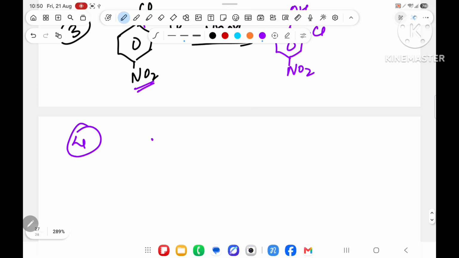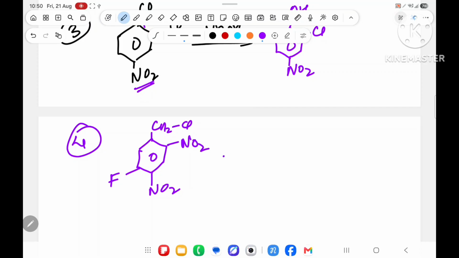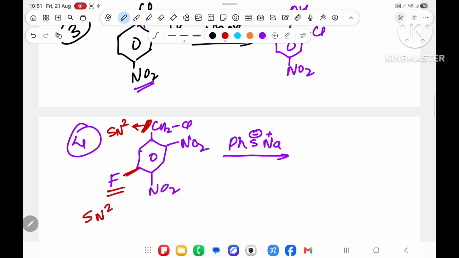Suppose I have taken a fourth example. Over here CH2Cl, over here F, over here NO2 and over here NO2, and I have taken PhSNa. Now see what will happen. If you check from this side, CH2Cl is not an aromatic compound, it will do SN2. But if you check from this side, it is fluorobenzene, it will do SNAr. So what will happen?